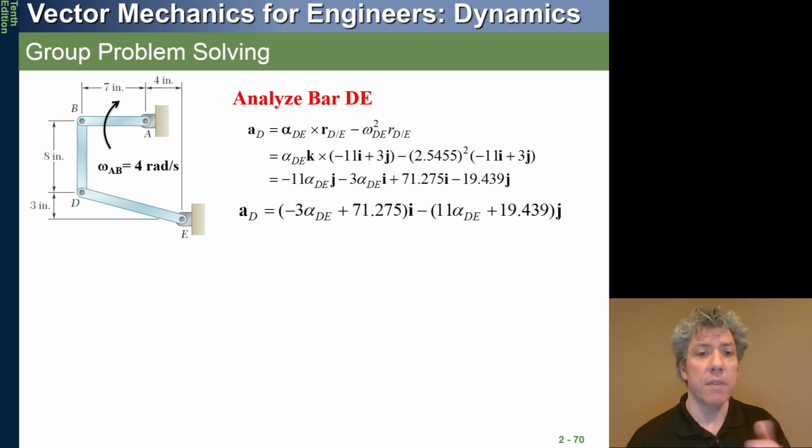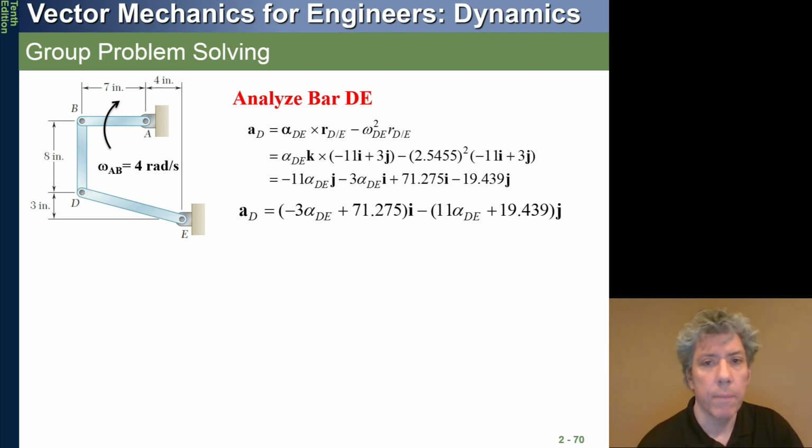What they've done is they've said, well, the acceleration of point E is 0, so we're not even going to bother putting that in. And the relative acceleration of D with respect to E is going to consist of a tangential and normal piece. So the tangential piece is alpha DE, the angular acceleration of body DE, crossed with the vector from E to D. And you know they're taking E as the reference point because it's the second point in the position vector.